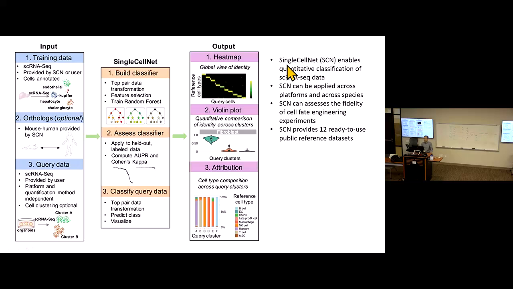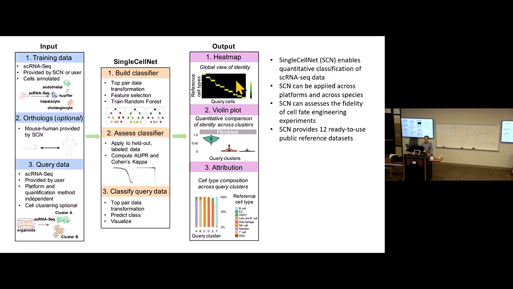There's another tool called SingleCellNet, SCN. That's a procedure, it's training. Also, you need information from across species clusters, and it builds classifiers using random forest. So they use random forest.